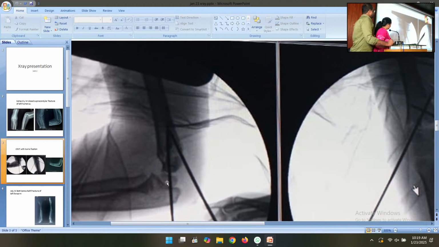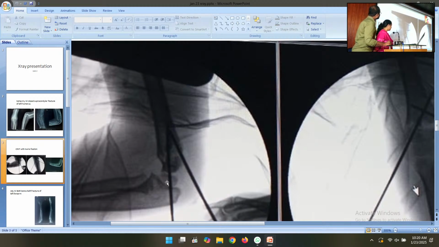Here I have shown you clearly, this is the full width of the distal fragment and this is the full width of the proximal fragment. This posterior K wire has gone through the fracture site, opening up the fracture, and it apparently appears aligned, but if you draw the anterior humeral line, the distal humerus is posterior to it, and there is a disparity in the widths of the proximal and distal fragments.